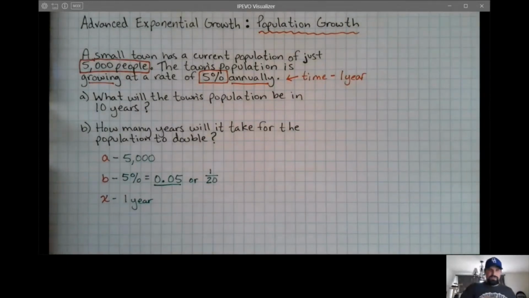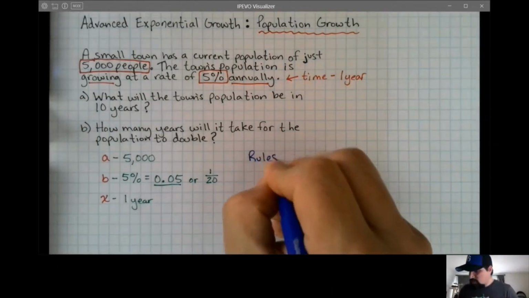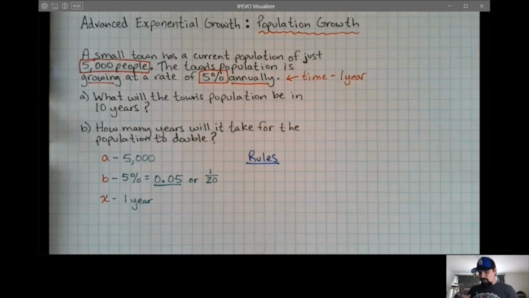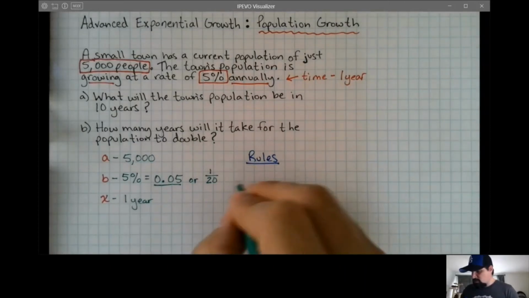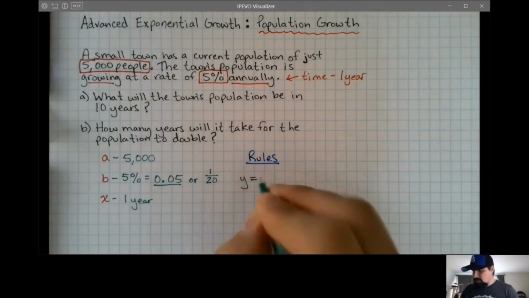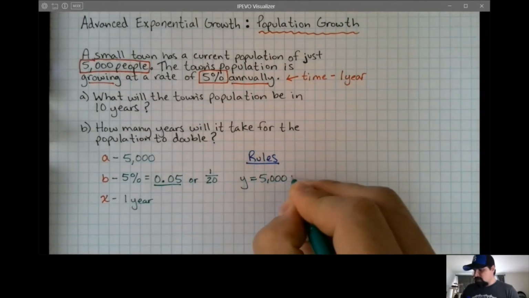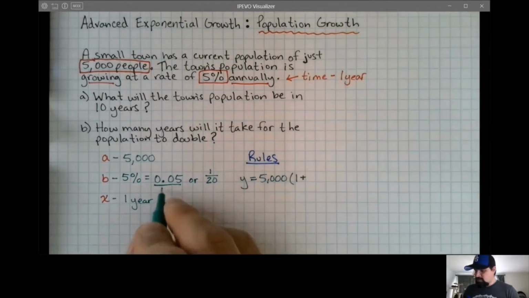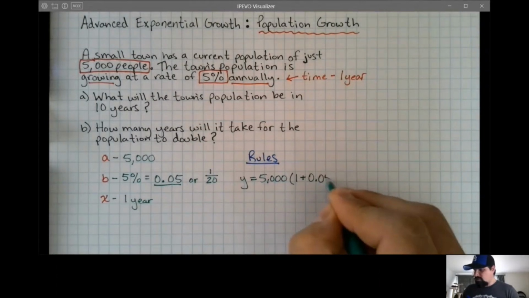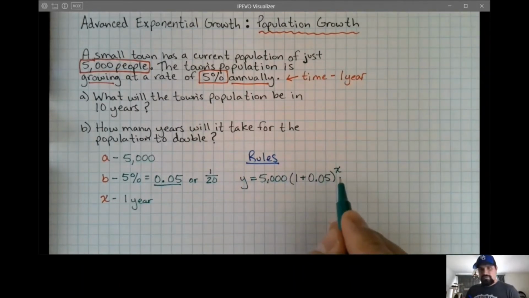The next thing we can do is rules. This would be our function rule and our now next rule. The function rule, using our A, B, and X over here, will be y equals 5,000 for A times 1 plus 0.05, and X is our exponent.